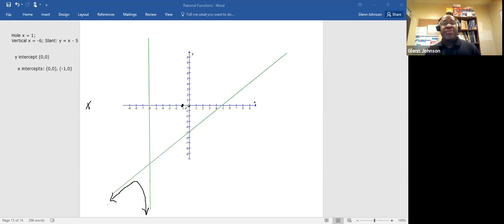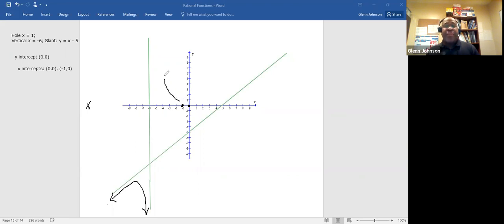All right, so now let's look at the other side. Well, now on this side, we have -1 and 0 as x-intercepts. Once again, knowing that the graph is going to tend toward the vertical asymptotes, between -6 and -1, there are actually 2 possibilities.